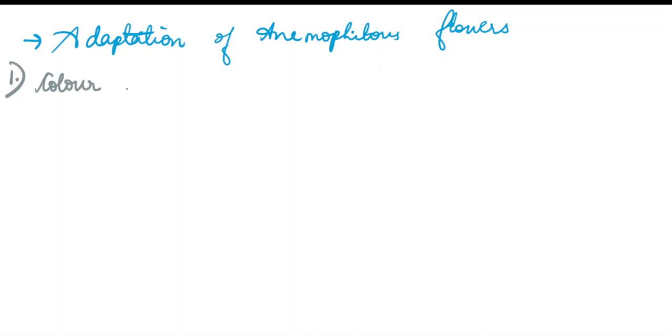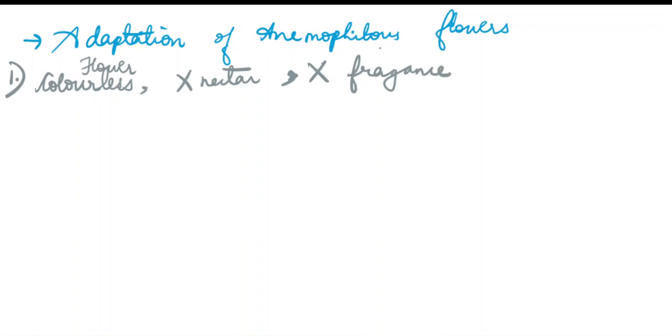So the flower is colorless. It has no nectar and no fragrance, and the flower is very small. Now why is this the condition? Since wind is non-living, there is no need of attracting wind because wind is non-living.